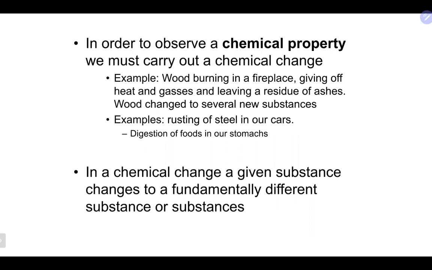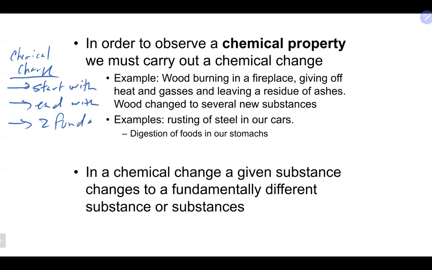So for example, a lot of chemical changes are what are referred to as chemical reactions, but in a chemical change, the important thing here is that what we start with and what we end with are two fundamentally different things.